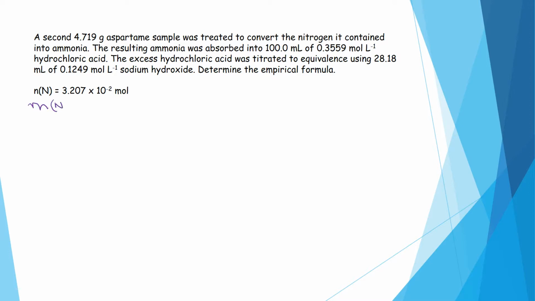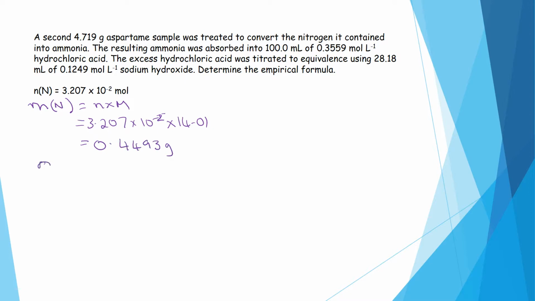And remember, the mass of nitrogen will equal the number of moles times the formula mass, which is 3.207 by 10 to the negative 2 times 14.01. And we have now determined that the mass of nitrogen is 0.4493 grams.